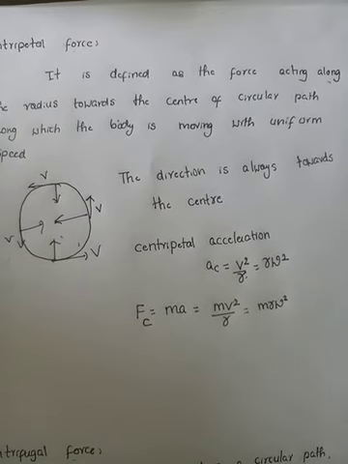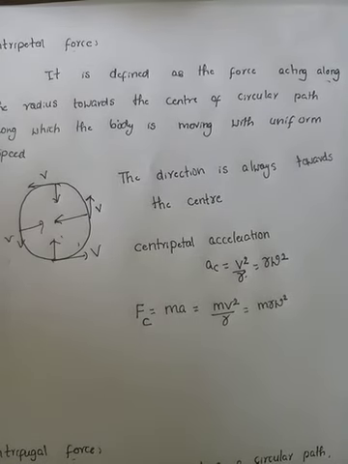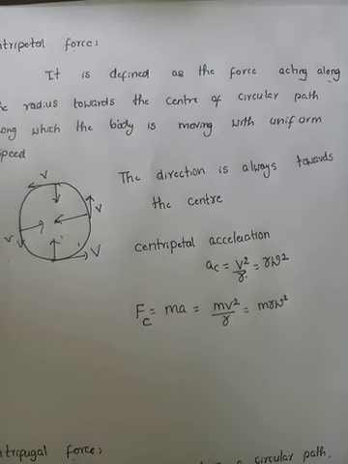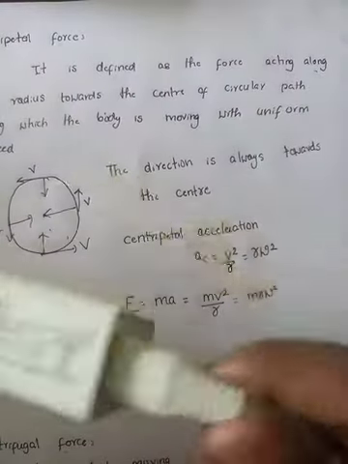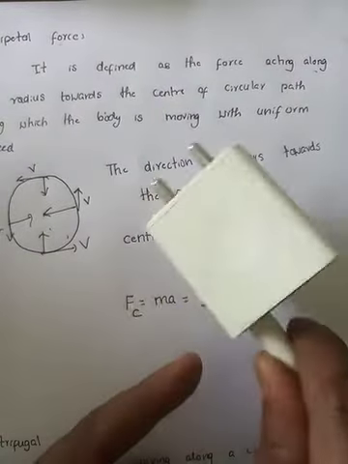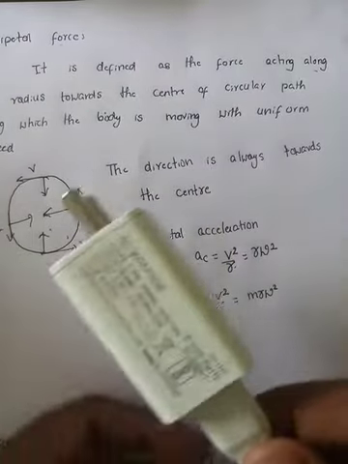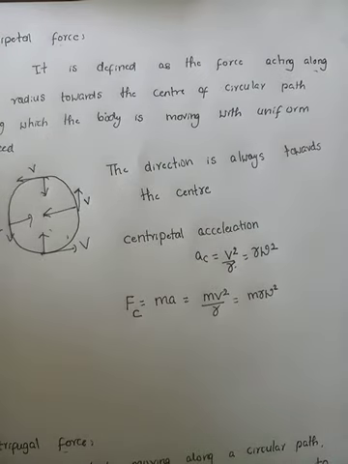Where can we observe this? If you want to experience it, tie a stone to a thread and rotate the stone. Assume this is a stone and now I am rotating it. If it is moving in a circular path, the thread connected is acting toward the center, right?